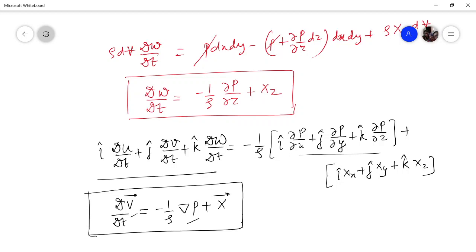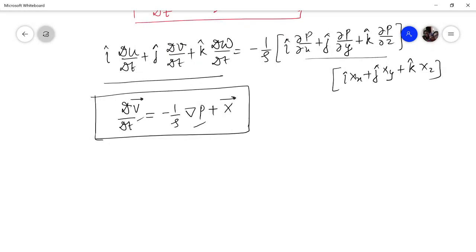And remember one thing, it is immaterial which system you are working in. I have derived this for rectangular Cartesian coordinates, but you can go to polar cylindrical coordinates just by using the definition of the gradient operator there. If you want, I can write this for you in polar cylindrical coordinates.